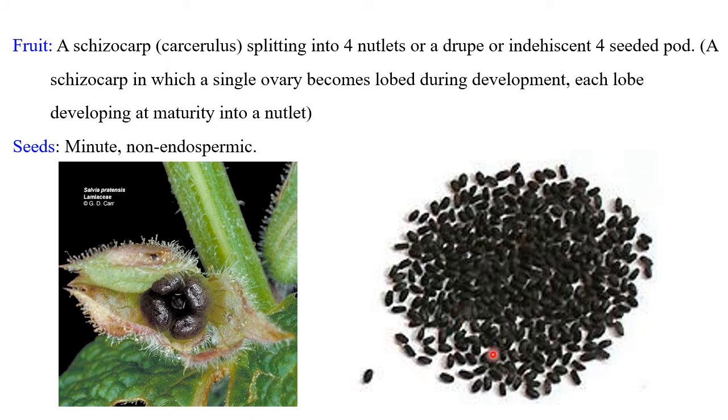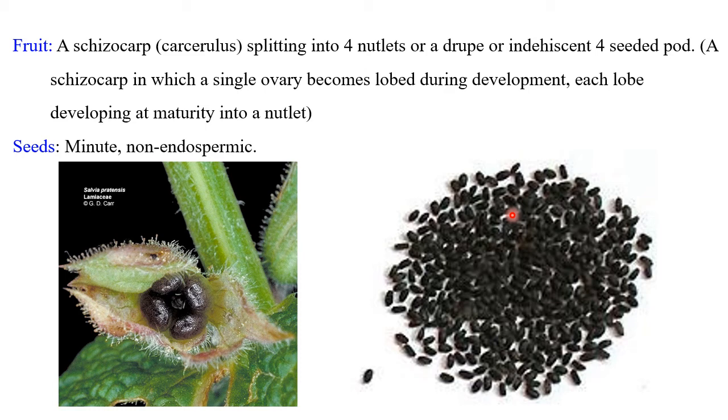So how the seeds of Ocimum look, you can see in this picture. Most of the people might have seen these seeds. Even one more species belonging to the same family, whose Marathi name is sabja, is generally used to mix in water.